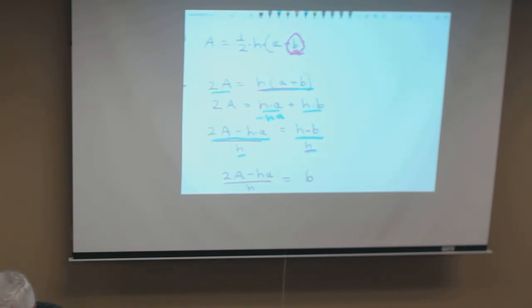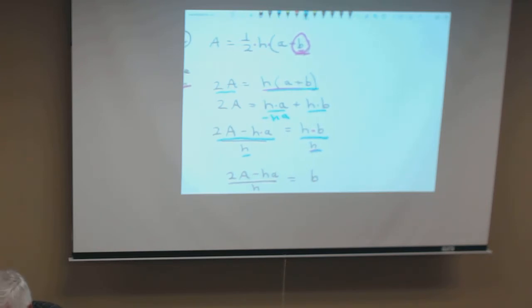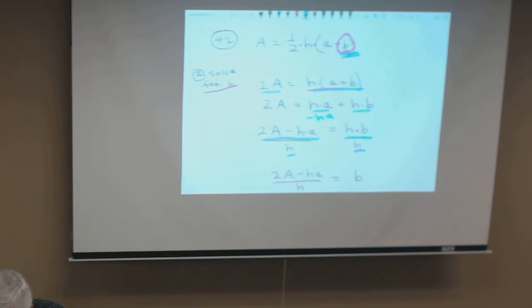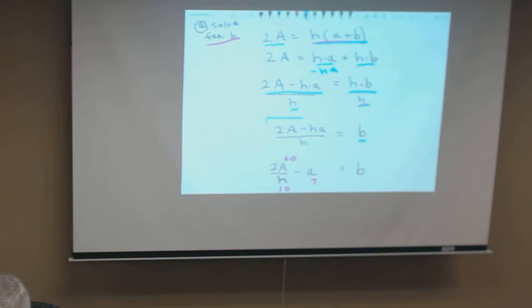So now that you've multiplied, because I'm solving for B, I end up with B equals all of this. And I suppose now they're going to give me a problem.